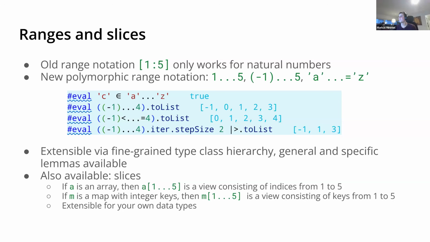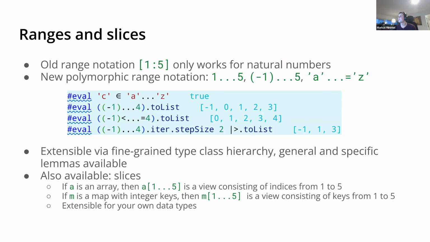So, for example, if you only have a less than or equal instance on your type, then you can already check for membership in closed ranges. And then if you implement additional type classes, you eventually gain iteration. And from there, you can do all of the things that you might expect based on the old range notation.